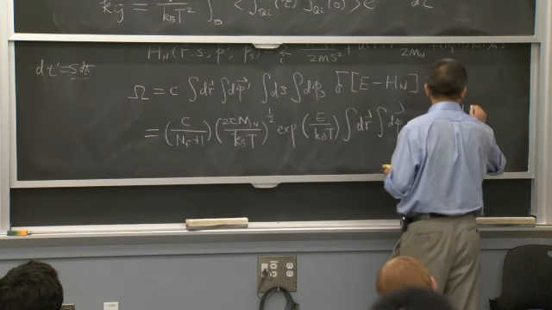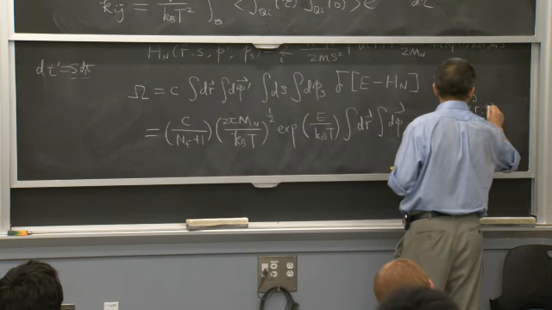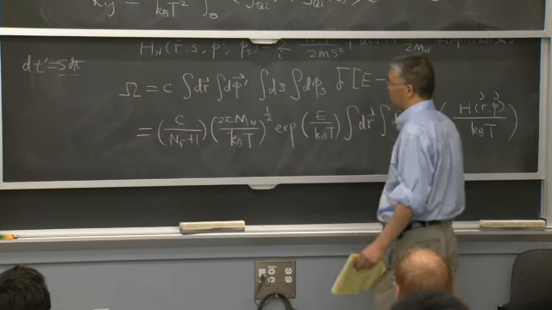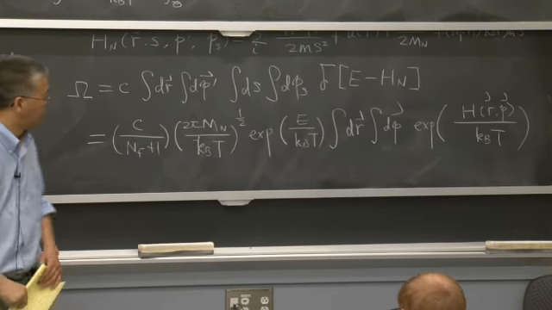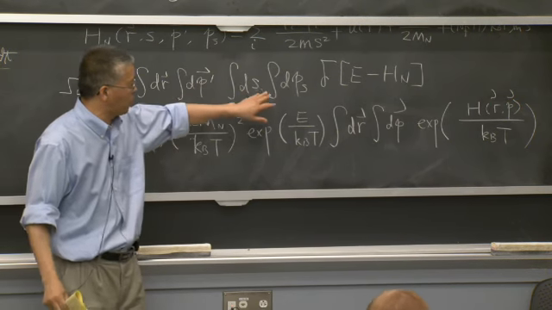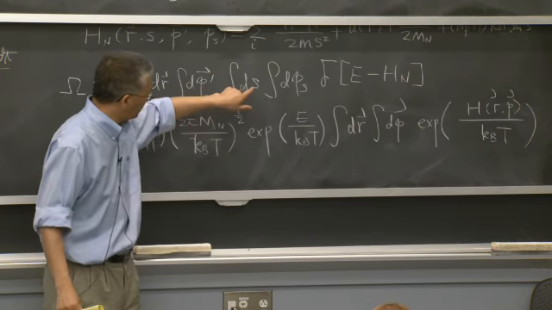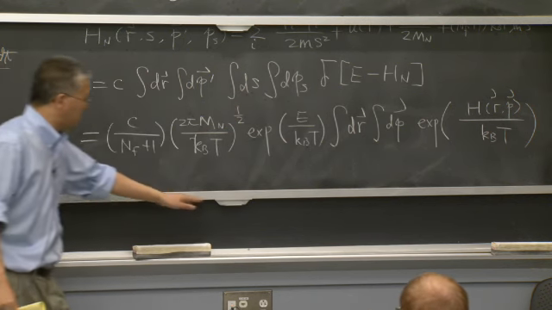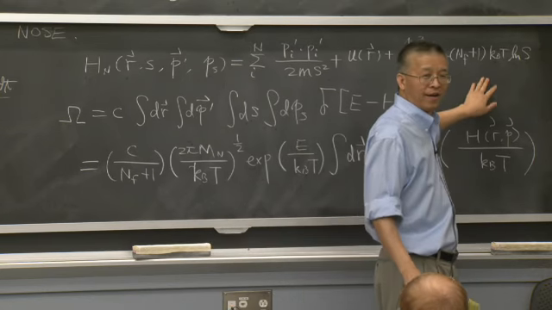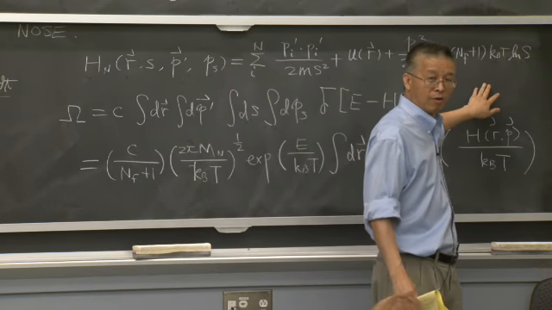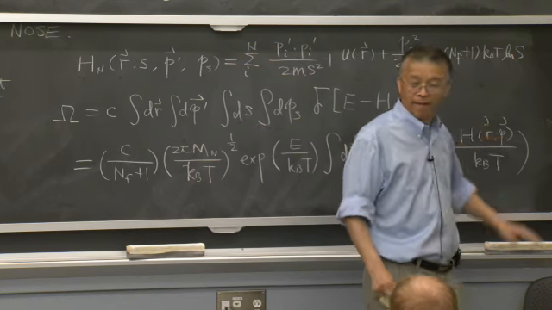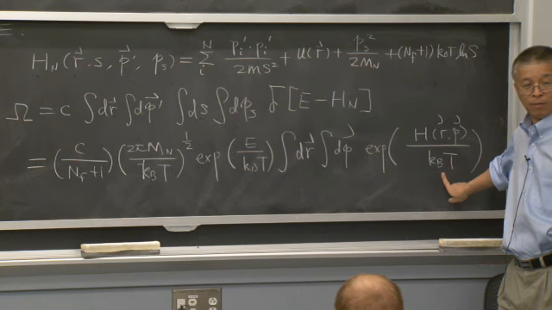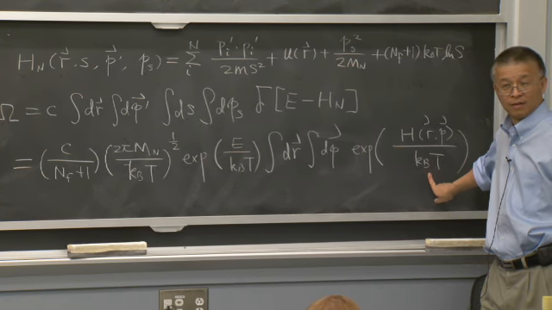And this is H(R, P) and kBT. So you see the trick is that from this delta, he was able to integrate over ds and dps. And because he added this log in the equation of motion, he got the exponent, and that converts back into your Boltzmann statistics.